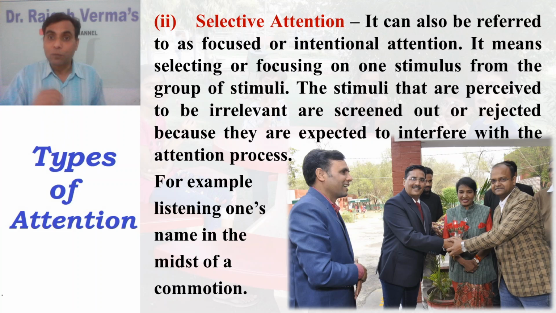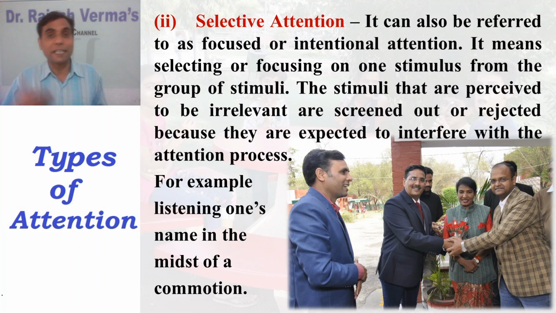The stimuli that are perceived to be irrelevant are screened out or rejected because they are expected to interfere with the attention process. For example, when you go to a party, you find various dishes displayed in front of you. Out of that, you select one or two. At one time you select only one, depending upon your taste, your interest, and how conscious you are about your health.